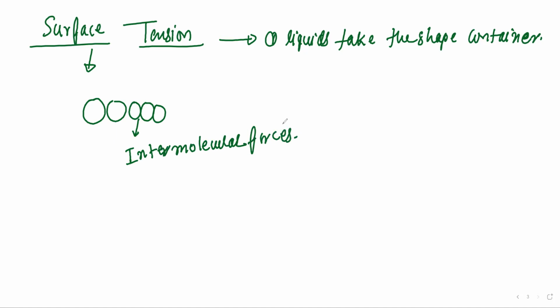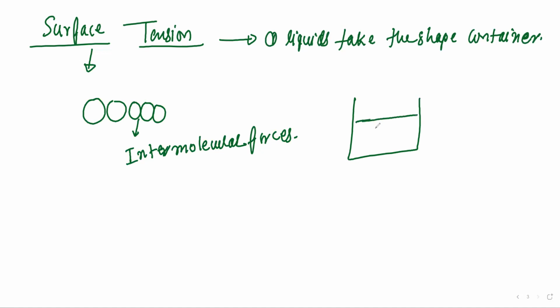The molecule therefore doesn't experience any net force, but for the molecules on the surface of the liquid, the net force is towards the interior of the liquid due to the molecules below it, since there are no molecules above it. So you can see it on the diagram.